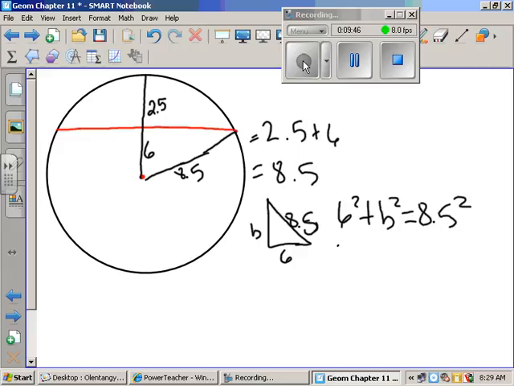And that's 36 plus b squared equals 72.25. And then you subtract 36.